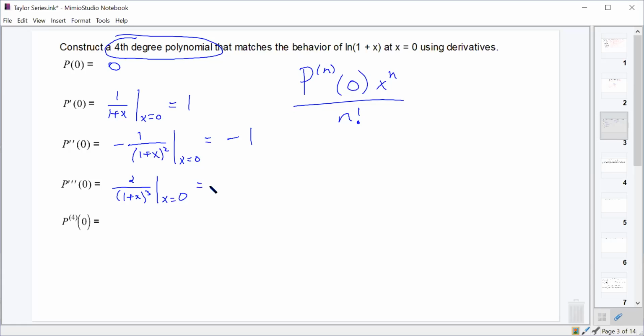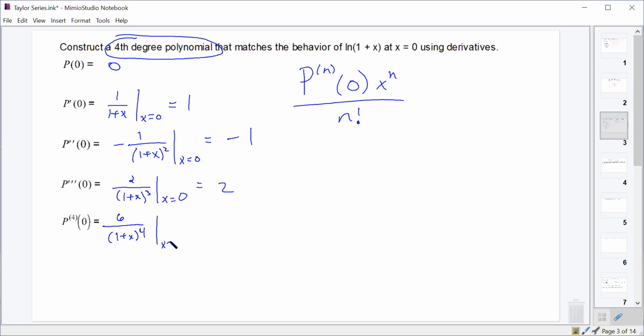And if we evaluate that at x equals 0, what do we get? Should get 2, good. And what's the derivative of 2 over 1 plus x to the third? Well, it should be 2 times the 3 times 1 plus x to the second, which is 6 times 1 plus x to the second over 1 plus x to the sixth, which would make it a 1 plus x to the fourth in the denominator.